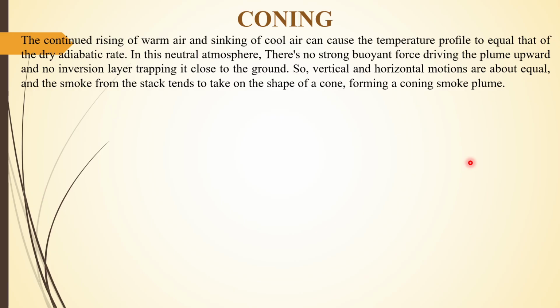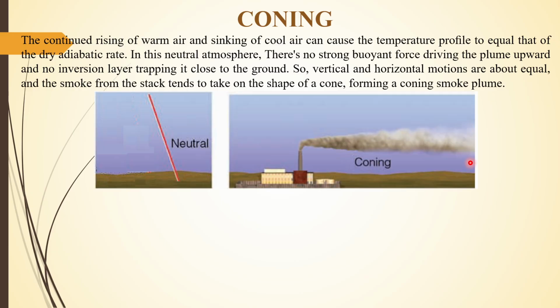In this neutral atmosphere, there is no strong buoyancy force driving the plume upward, and no inversion layer trapping it close to the ground. So vertical and horizontal motions are about equal, and the smoke from the stack tends to take on the shape of a cone, forming a coning smoke plume.